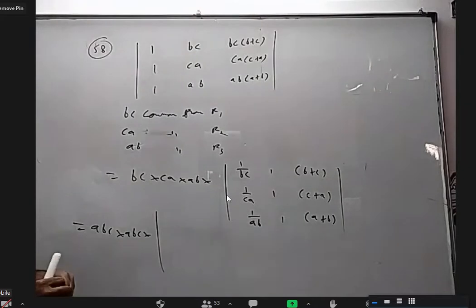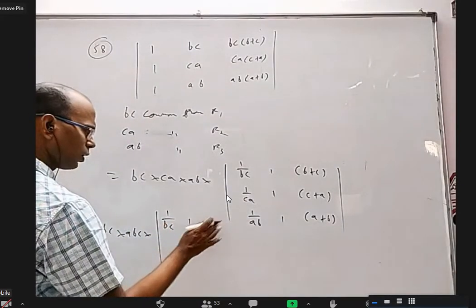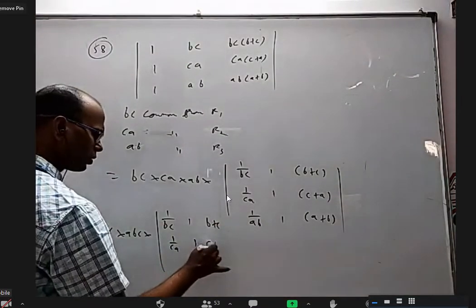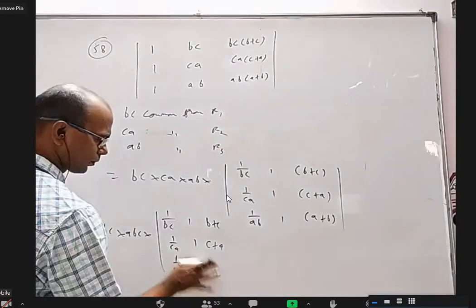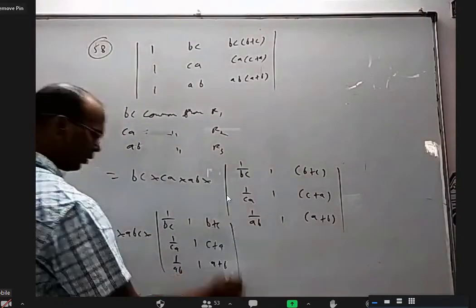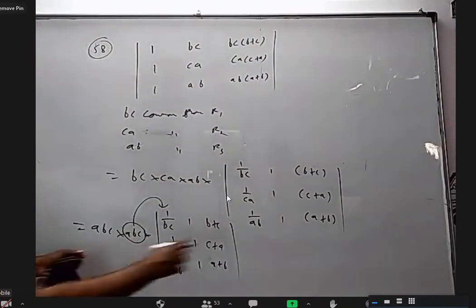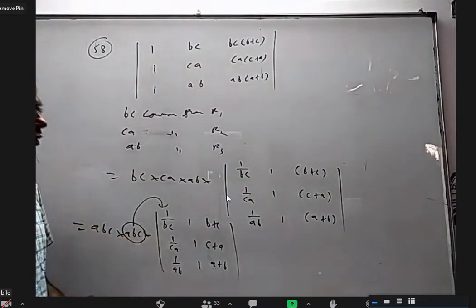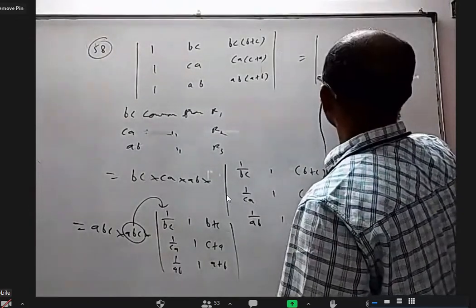So this is 1 by BC, 1, B plus C; 1 by CA, 1, C plus A; 1 by AB, 1, A plus B. One of the ABC I want to multiply to column 1. I'm not writing all the steps. Multiply column 1 with this ABC, then it will become ABC outside.